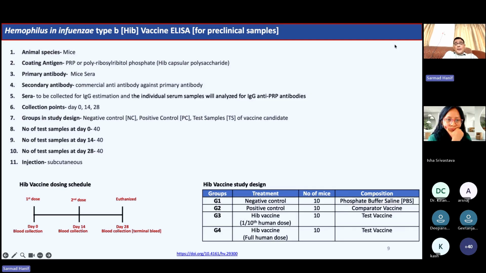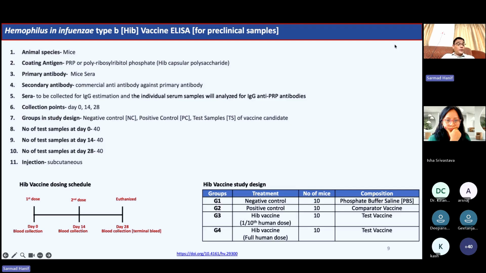And you should note why I'm saying IgG most of the time in this presentation: in Hib, we basically estimate IgGs, immunoglobulin G, because these are the long-lasting, persistent antibodies which are responsible for giving you protection against Haemophilus influenzae type B infection. That is why if your vaccine is giving high IgG concentration, it means your vaccine may be working.